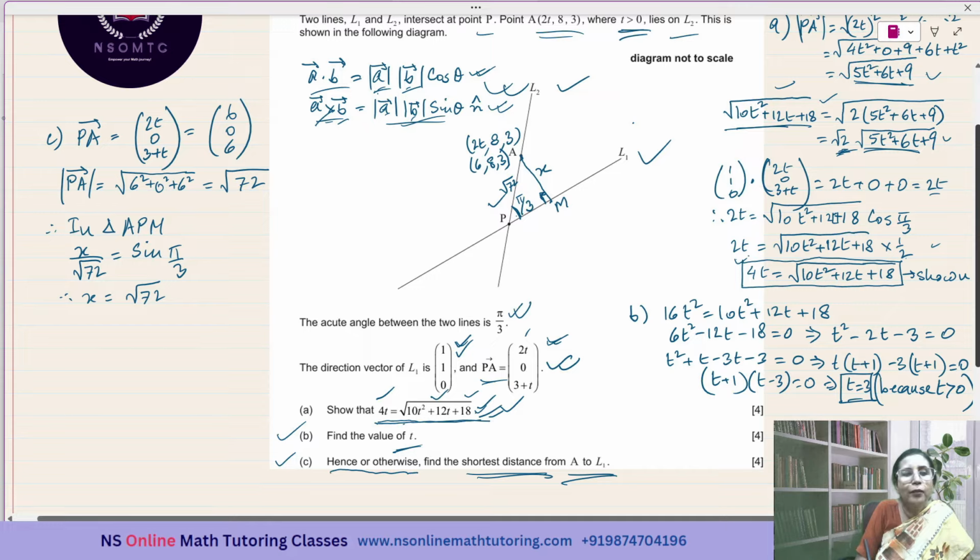And what is sine pi over 3? Sine 60 degrees is root 3 over 2. Okay. And what is root 72? It is root of 36 times 2, and root 36 is 6. So it is 6 root 2 times root 3 over 2. Okay. So x is equal to 3 root 6 units.